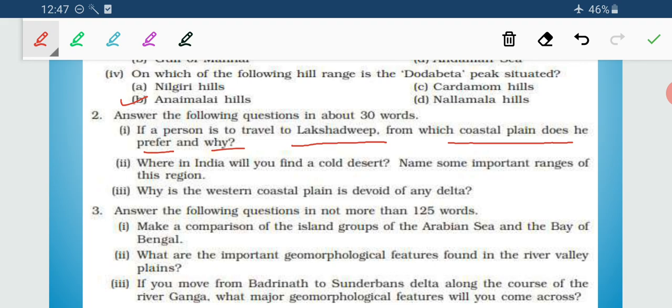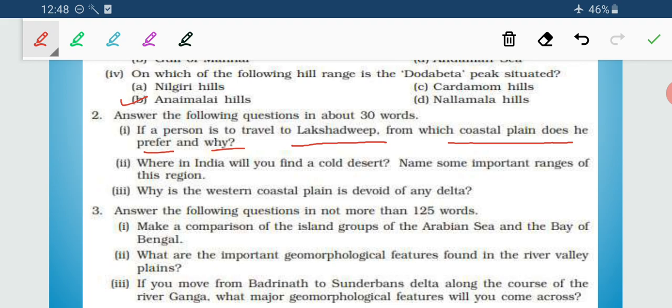Now next, what are the important geomorphological features found in the river valley plains? Now I have discussed the fluvial, erosional and depositional landforms. Hope you remember, I started with gorge, then levees, then meanders, then oxbow lake, then delta formation, flood plains.